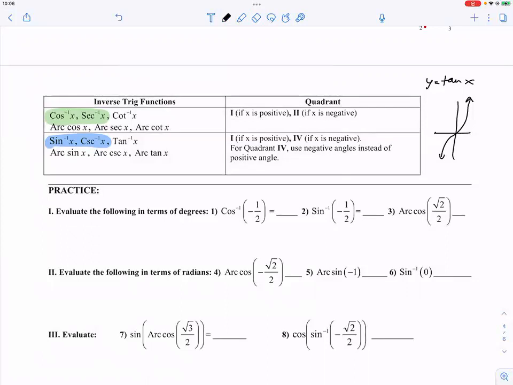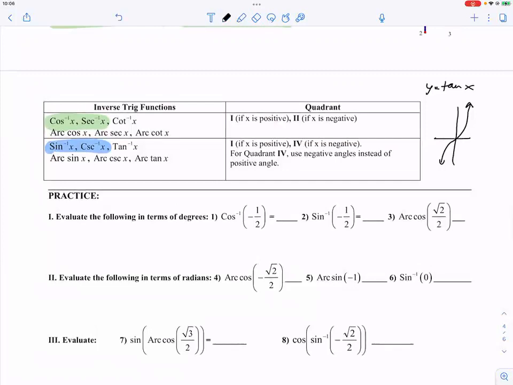So quadrant 4 and quadrant 1 would be very straightforward. And for the cotangent function, if you remember it, you have the asymptote at the y-axis, and then it just goes down like this. So quadrant 1 and 2 will be a one-to-one function.